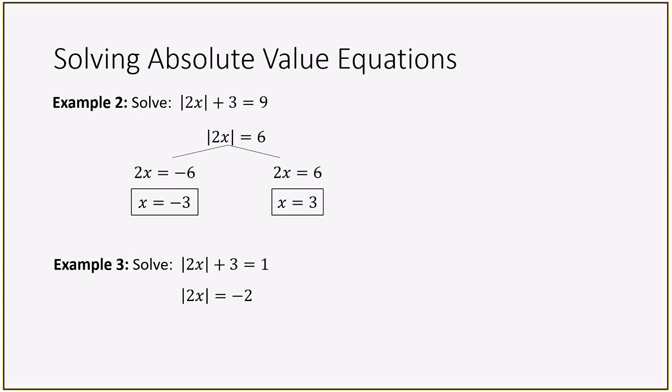It doesn't mean always positive. It means the distance from 0. So if you get an equation that has an absolute value equal to a negative value, well, you can't have a negative distance. So you don't go through the problem-solving process any further. You stop immediately here and say, well, I can't have a negative distance. No solution.